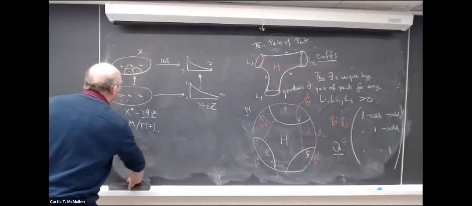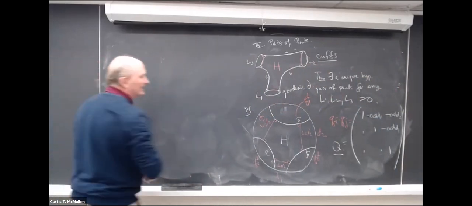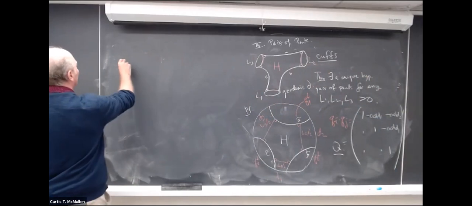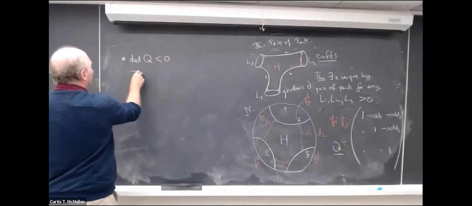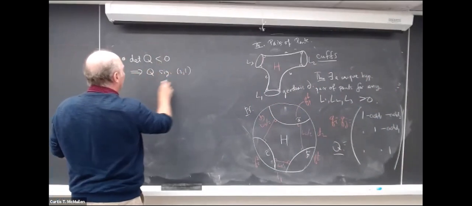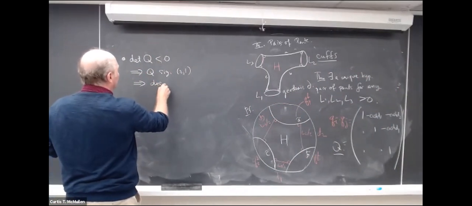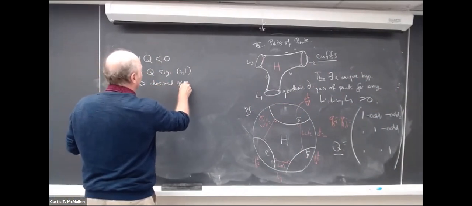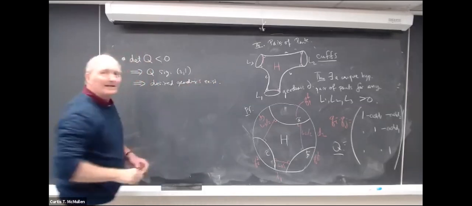All we need to prove is that the determinant of Q is negative. So what we note is that the determinant of Q is negative. This implies Q has signature (2,1), and then this implies that the desired geodesics exist. Okay.